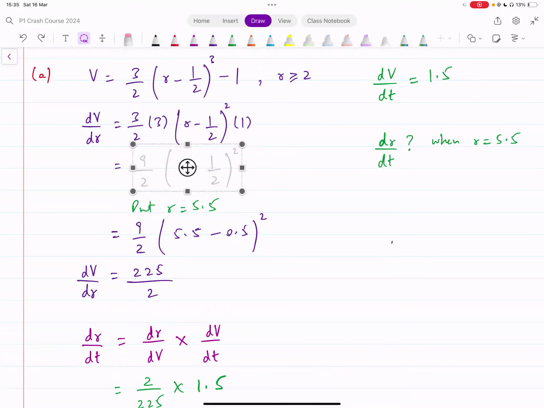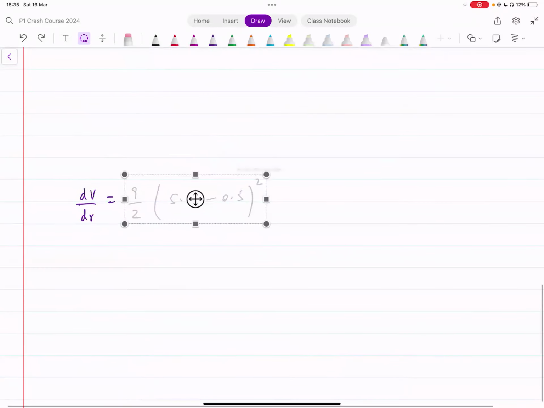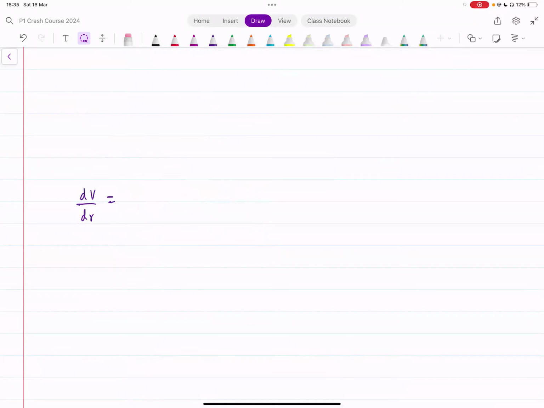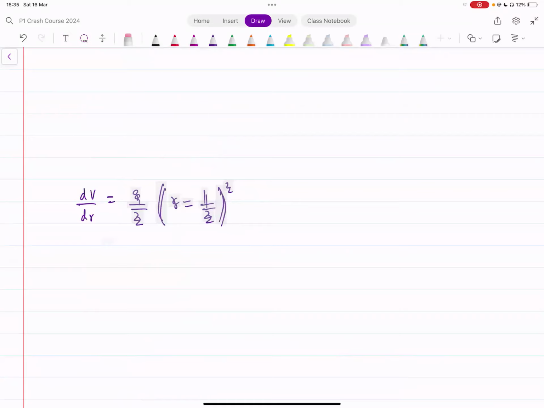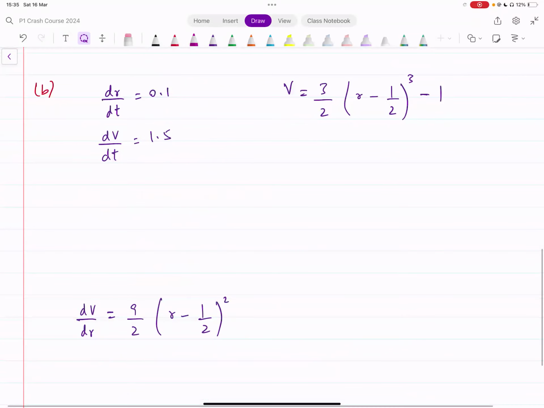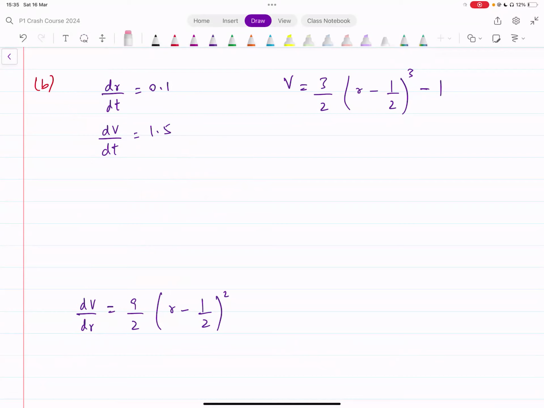This is the expression for dv over dr in terms of r. Using these two pieces of information, we can find out what dv over dr is. And once we find that out, corresponding to that, we can find the value of r. That value of r can then be input here in the function to find the value of volume that you're looking for.